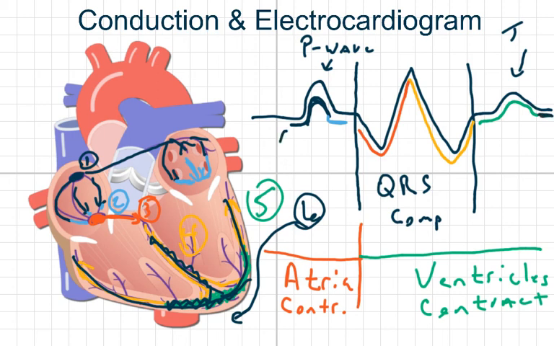So, again, step 1 is atrial depolarization, where the action potential begins at the SA node. Second is the complete atrial depolarization and contraction of the atria. Step 3 is the initial depolarization of the ventricles.